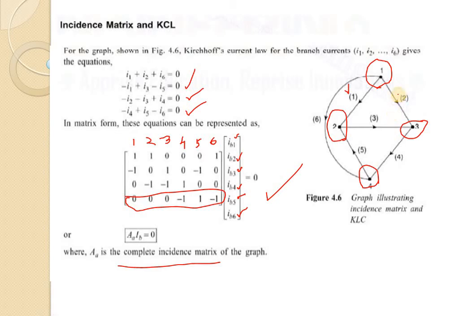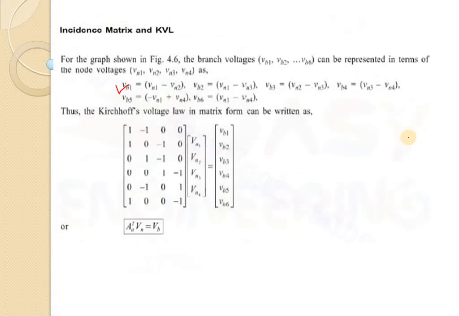Similarly, the next branch voltage is in between nodes 1 and 3, so it will be VN1 minus VN3. So in that way, we can write all the branch voltages VB1, VB2, VB3, VB4 up to VB6.